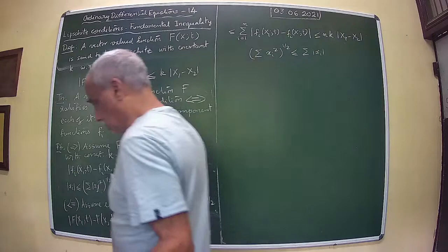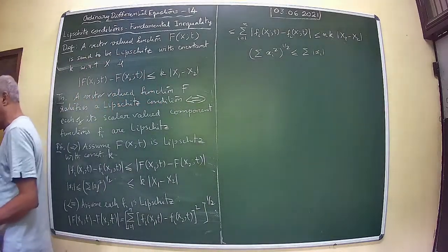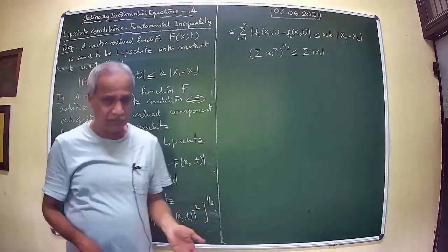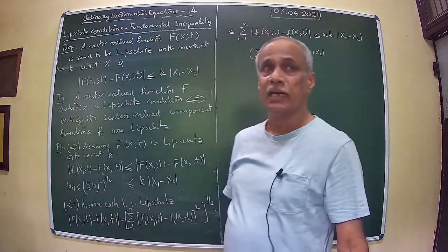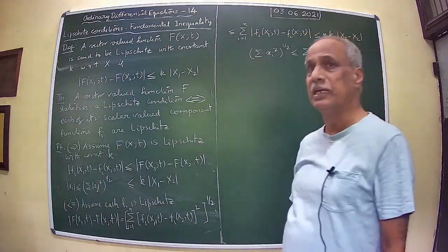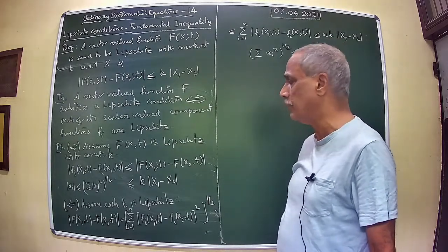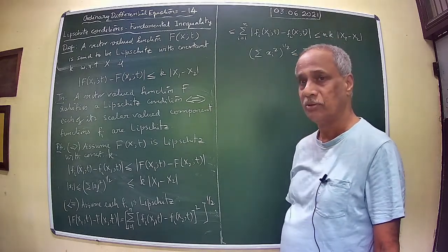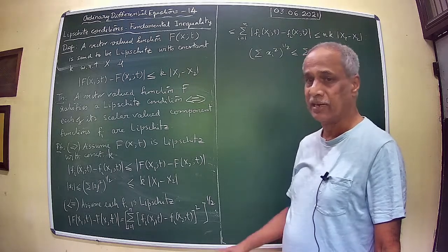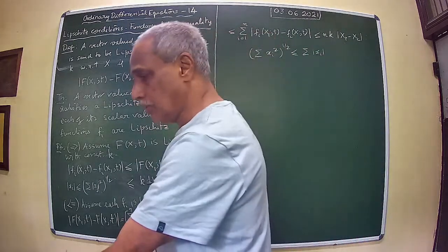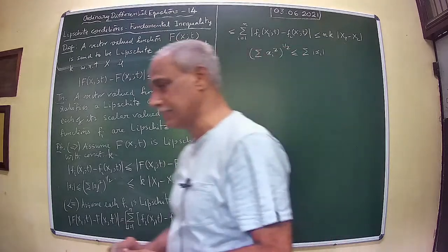So, what we mean by Lipschitz of a vector valued function can be understood in terms of, or is equivalent to, each component being Lipschitz. Okay, so they are exactly the same.